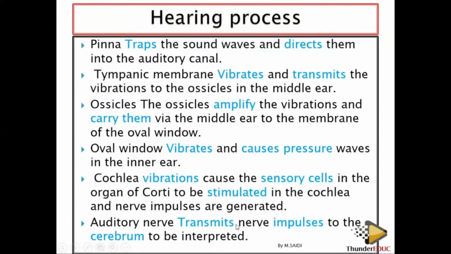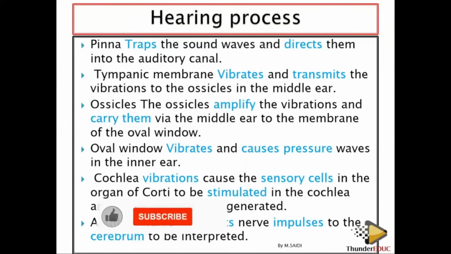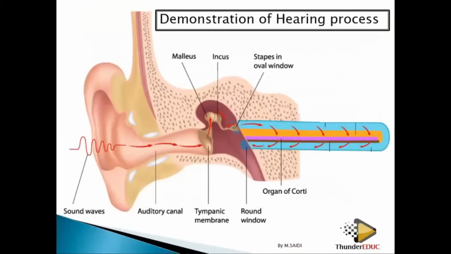Then we can react according to the interpretation of the brain. When you're explaining hearing, you need to master the part and the function of the ear. Then you will be able to understand the concept.